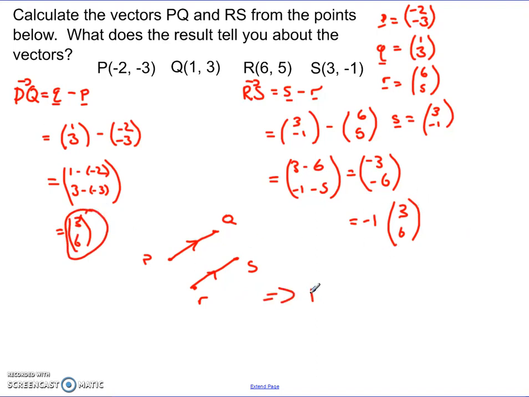So what I can then say is that P to Q and R to S are parallel. They're parallel vectors to each other that will go in this sort of system here. So because they've got this base of (3, 6) and (3, 6), they're both multiples of each other. Yeah, the multiple's -1, but they're still multiples. They are parallel vectors. Their size and direction is just slightly different.